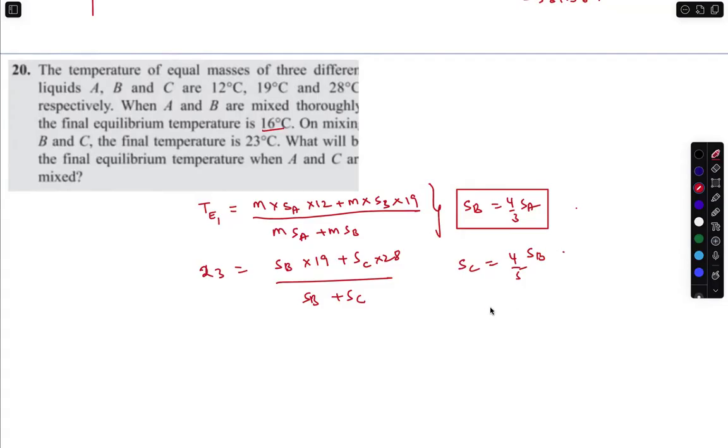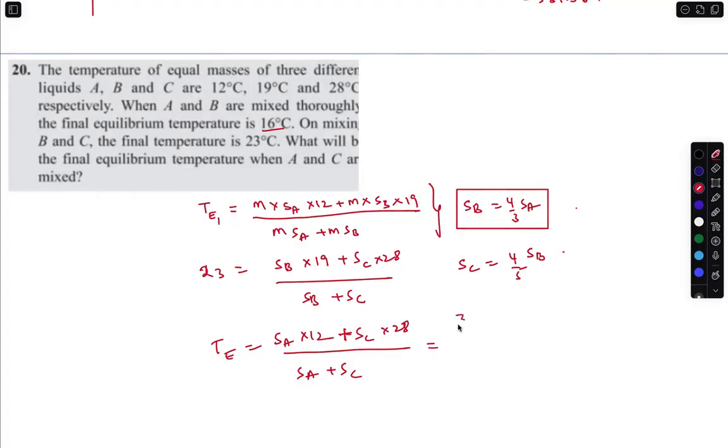What will be the final? You are mixing now A and C. You don't want B now. So equilibrium temperature is SA into 12 plus SC into 28 by SA plus SC. You will convert everything in terms of B, that is the only opportunity for you.